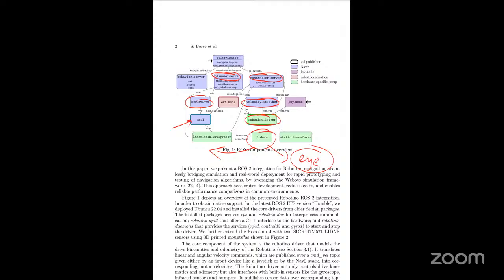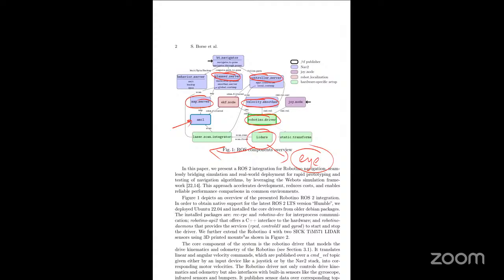So the output will be laser scan. Then whatever data comes out from the LiDAR, those scan data will be combined into the navigation system. This is what is called the laser scan integrator, right? It will be like a scan filter. So the output will be scan.